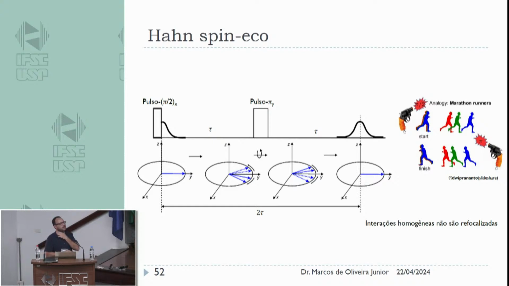But then you have two neighbors of the same species. This one is feeling the field of this one. But then you apply a pi pulse, and both are inverted. Now the Hamiltonian that this one is observing is changed, so you don't have the refocusing anymore. And this gets worse with time. Then you lose the coherence of the echo.